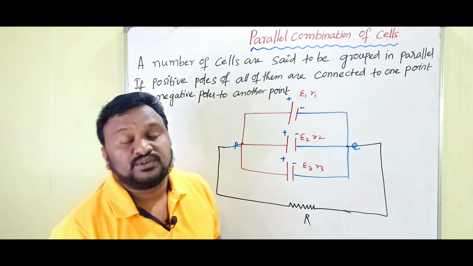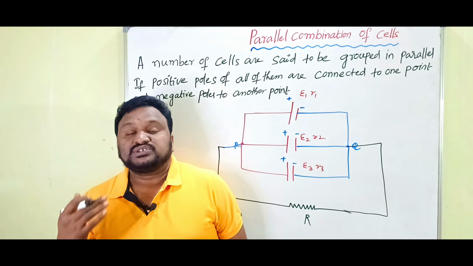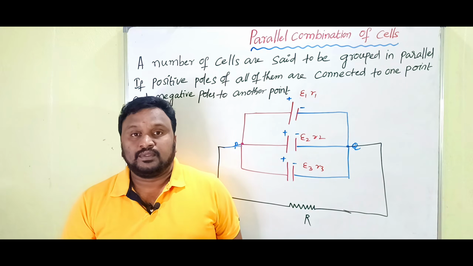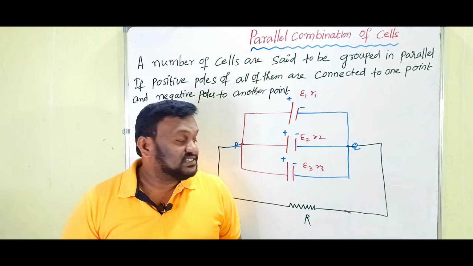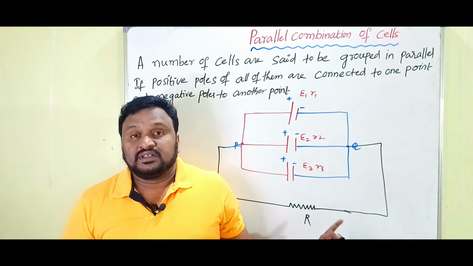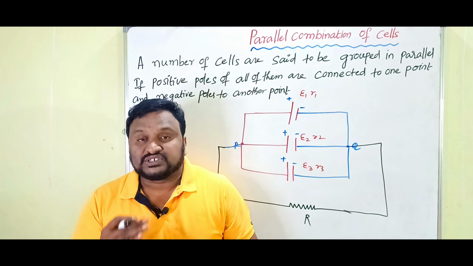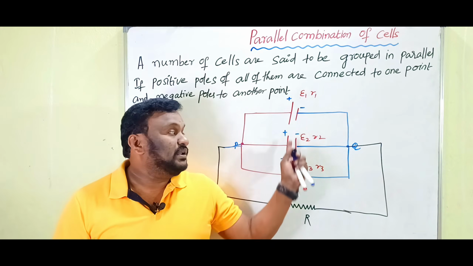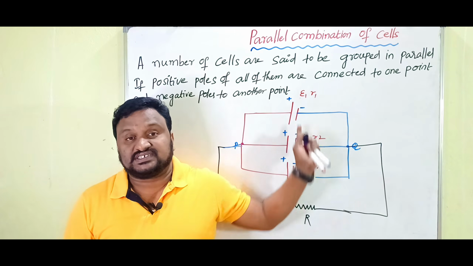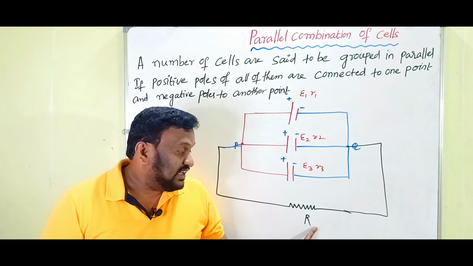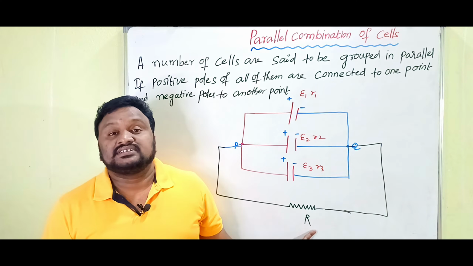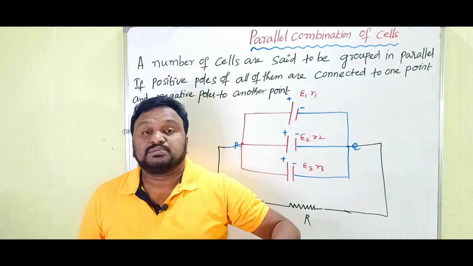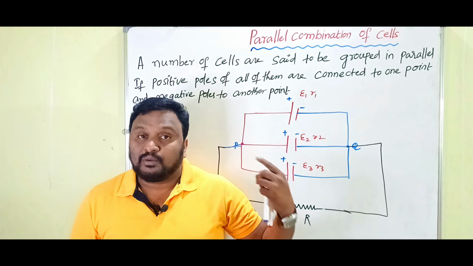So dear students, when is the parallel combination of cells preferable? When the value of the external resistance R is less than the internal resistance of the parallel combination of cells. When the external resistance is very small, only then the maximum current passes through the parallel combination.